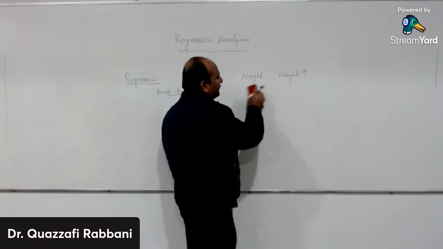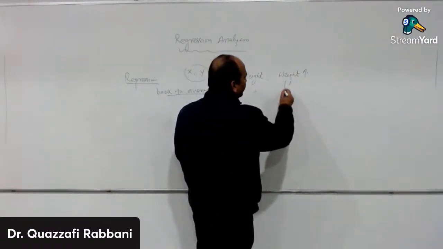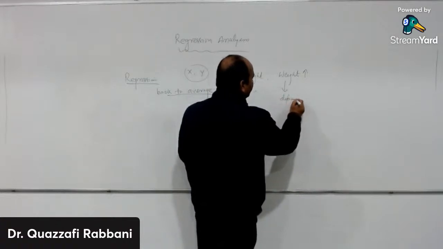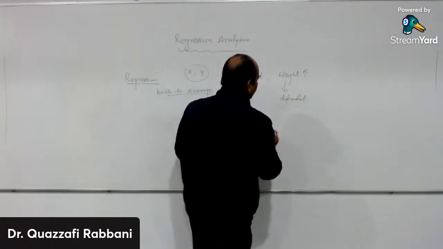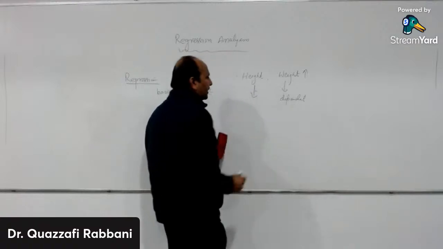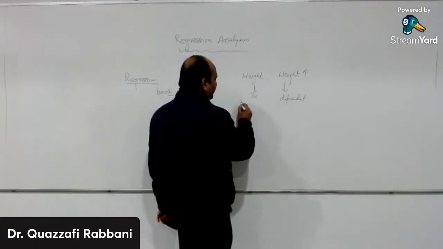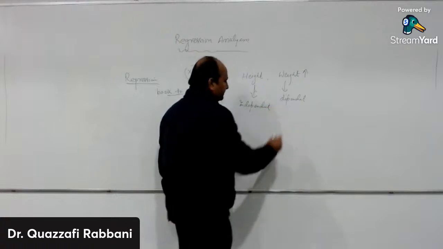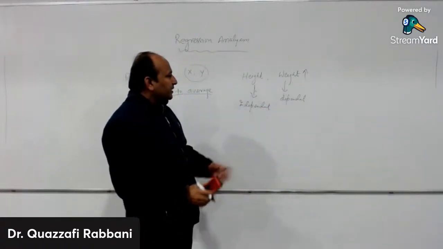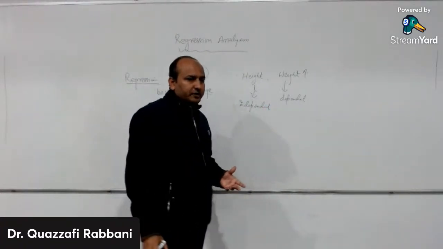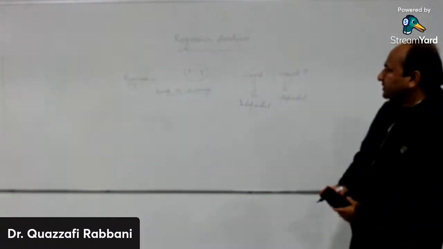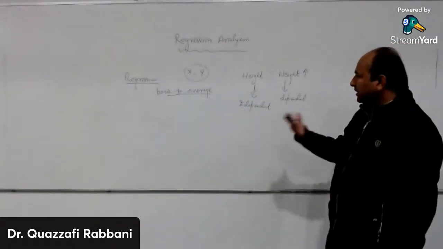So weight is the dependent variable, and height is the independent variable. If there are two variables that are positively or negatively correlated, then there is a cause and effect: which variable depends on the other variable.